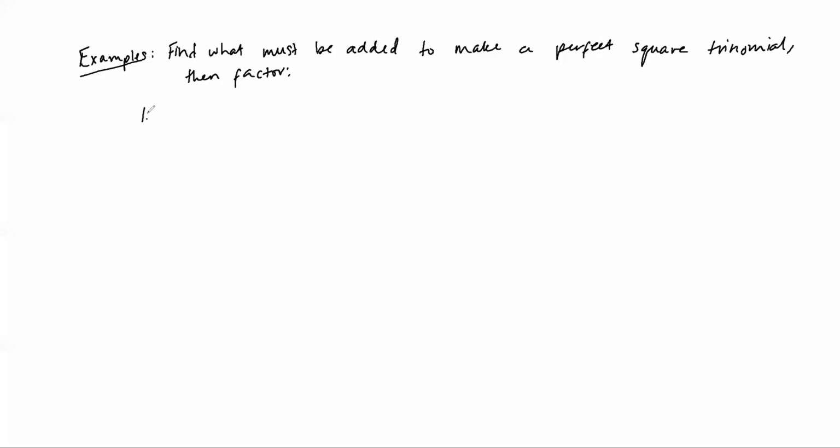So this first one's actually set up really nicely for us. We're given t squared minus 2t plus blank equals, and then in parentheses, they've given us t minus blank squared. So they have pretty much this whole thing set up for us. We're just going to be filling in the blanks.